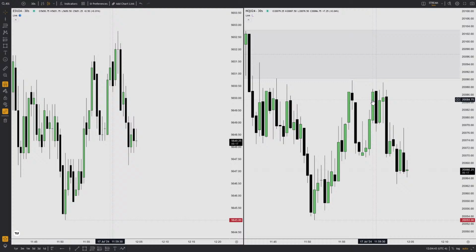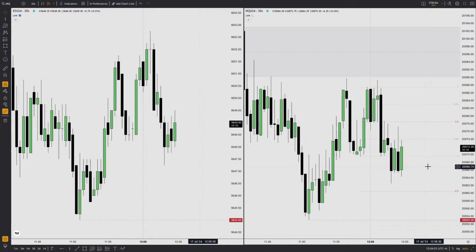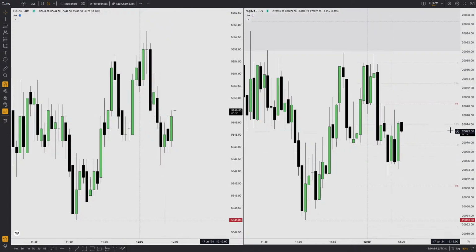So what I can see right now is that we are close below this 2 up close candle, at this candle here. So if it is going to be bearish, it should trade to 0.25 or maximum 0.5 and then reverse lower.